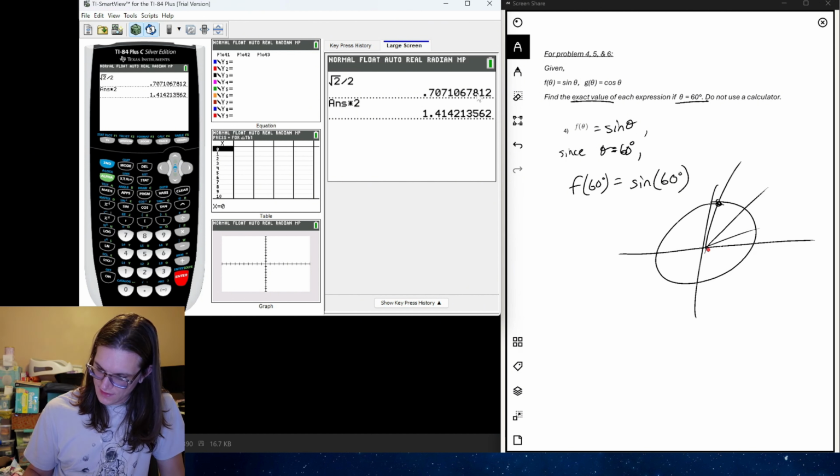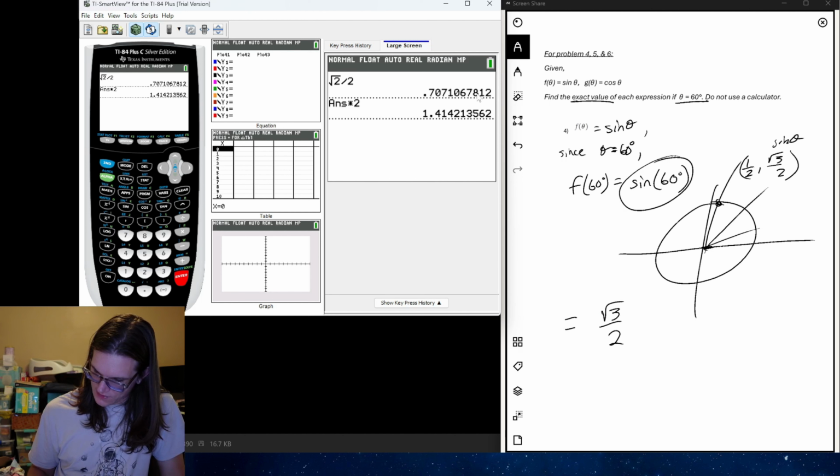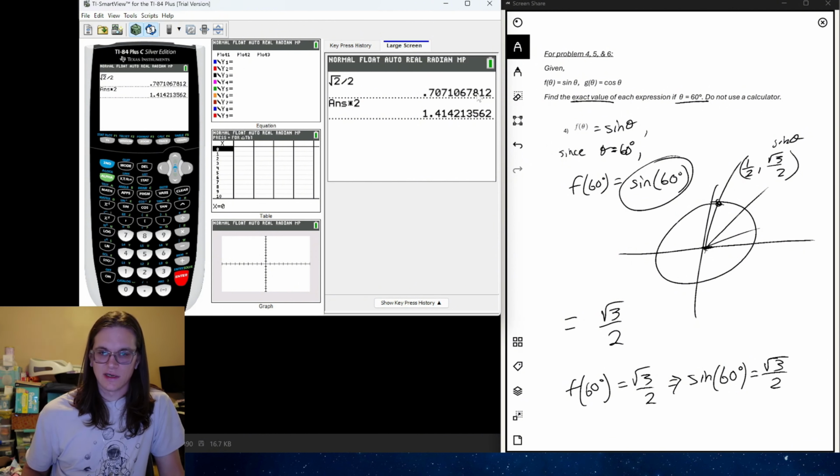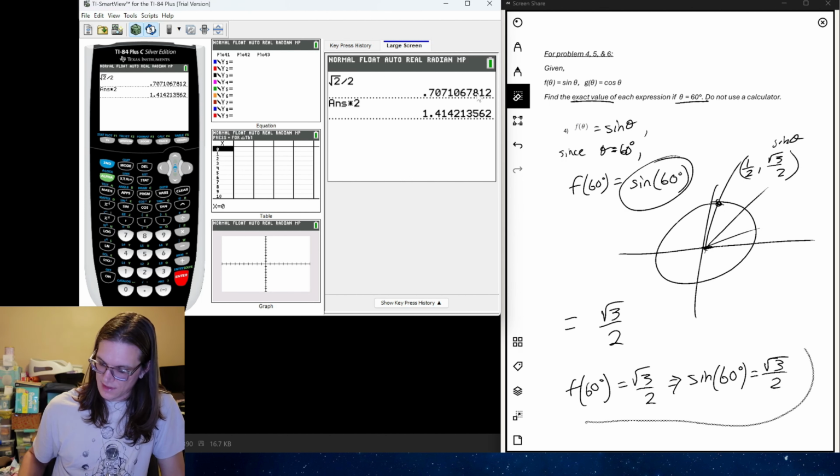This one up here, I know it has a short x, right? So it's got to be 1/2, comma, tall y here. Sine is the y value. So the answer is root 3 over 2, and that's exact. So f of 60 degrees is root 3 over 2. It's just the same as saying sine 60 degrees is root 3 over 2. It's just trying to get you comfortable with how to work with functions as they are written.